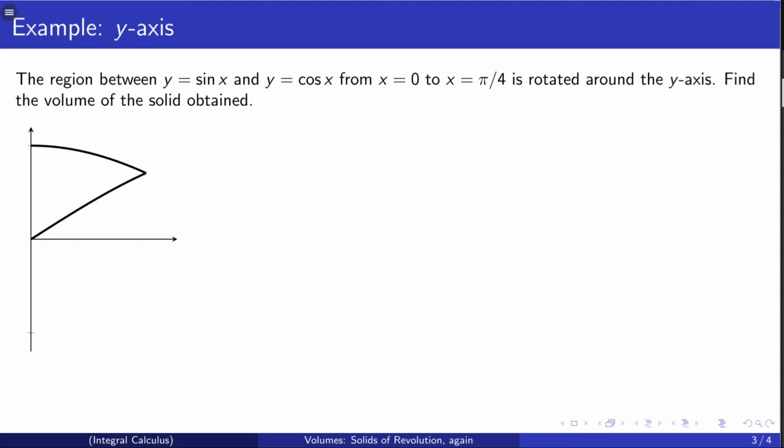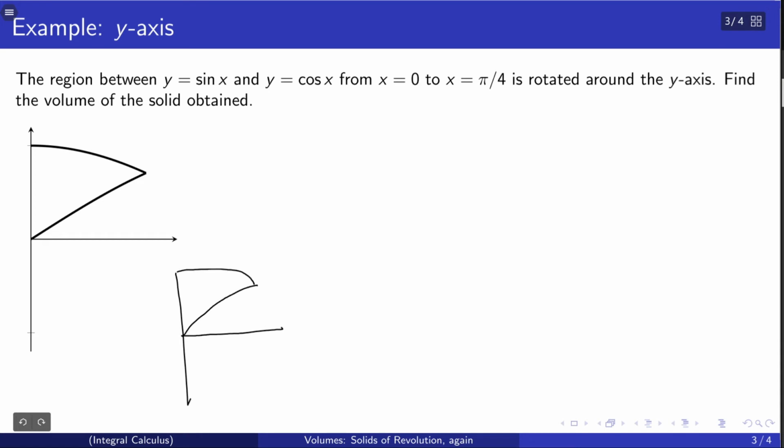Okay, so you probably saw that you don't get washers here, right? In fact, my graph here is not really in the best location. Let me draw it again here.